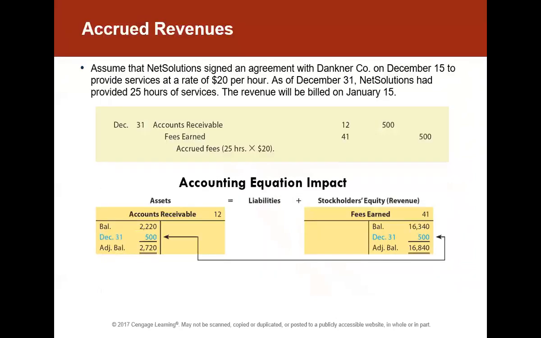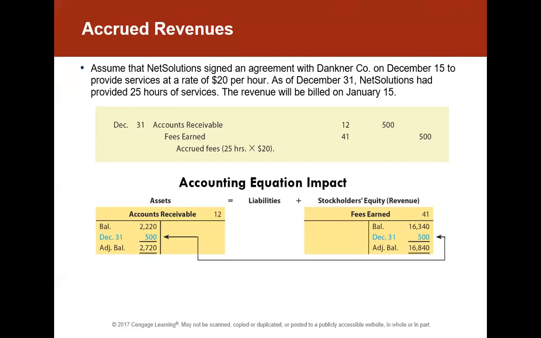Okay, so again, an example, we're on accrued revenue. An example of an accrued revenue says, assume that NetSolutions signed an agreement with Bankner Company on December 15th to provide services at a rate of $20 per hour. As of December 31st, NetSolutions had provided 25 hours of services. We're going to bill it January 15th, but we've already accrued some of this revenue. So we calculate how much.